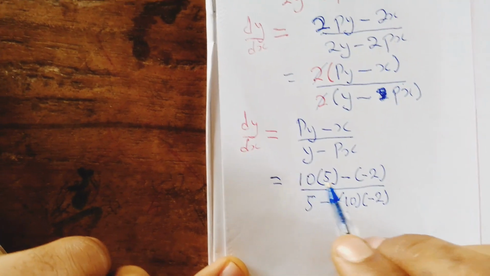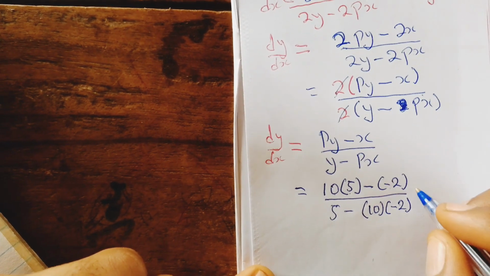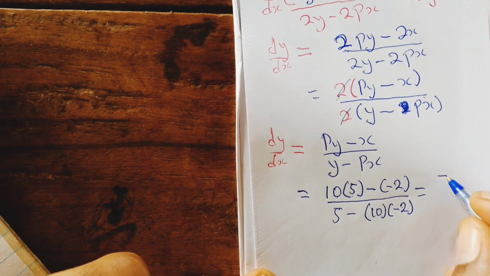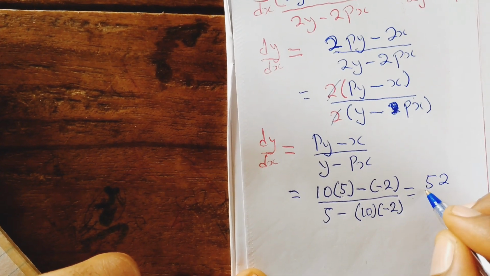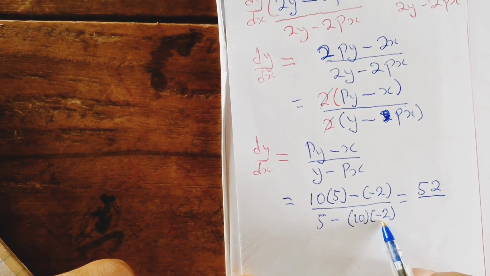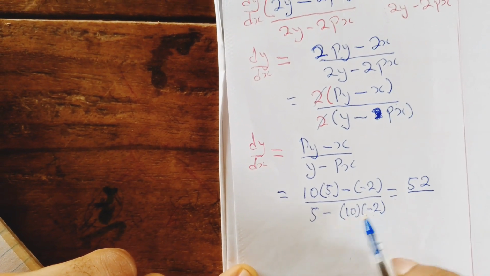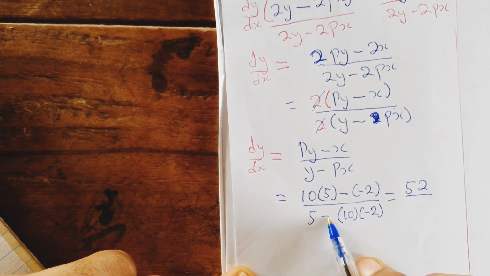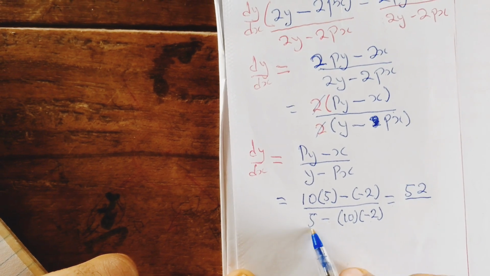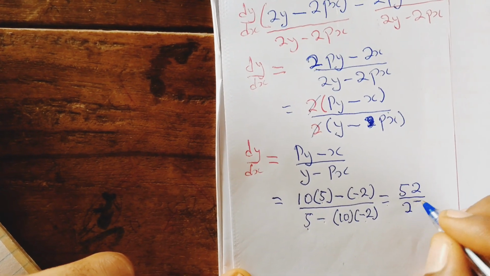So 10 times 5 will give you 50, minus minus will give you plus, which is equal to 52 here. Then 10 times negative 2 will give you negative 20. Negative 20 times negative 1 will give you 20 plus 5. That is giving me 25 here.